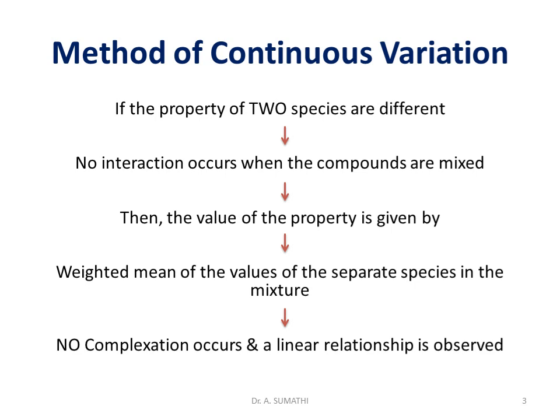No complexation takes place, and a linear relationship is observed. A linear relationship means that if the concentration of A is increased, the concentration of AB also increases, and if the concentration of B is increased, the concentration of AB also increases. So this is the case when two species are different: no interaction, no complexation, and a linear relationship.